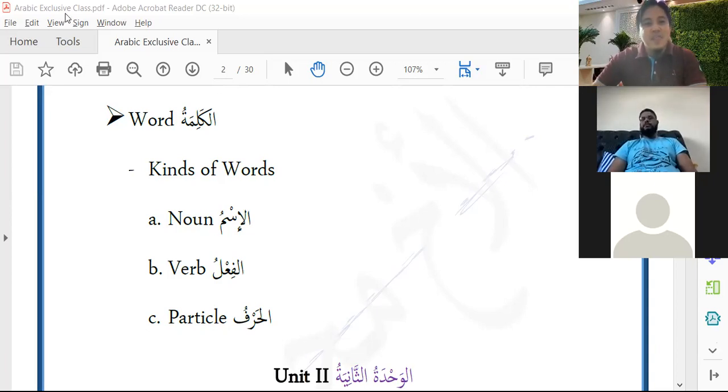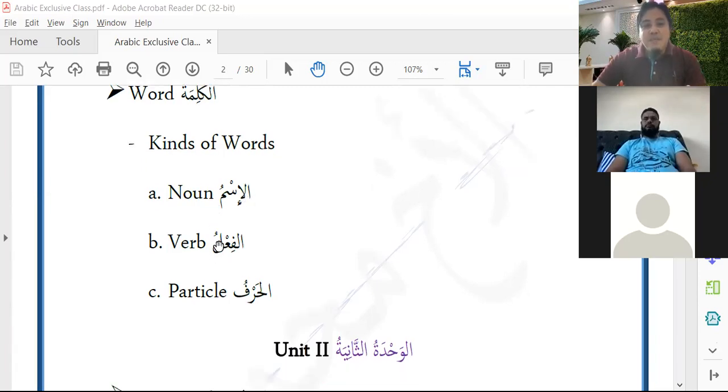Okay, so now the kinds of words that we have, three kinds: the noun, verb, and particle. As you can see here, we have the English translations, but we want to memorize the Arabic terminologies. We are not going to take the English fully because we already know English. So we are going to focus on the Arabic terminologies.